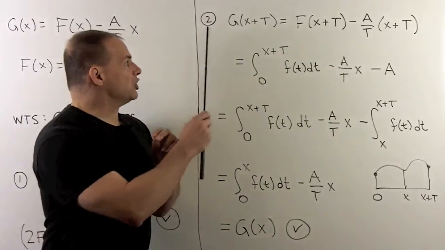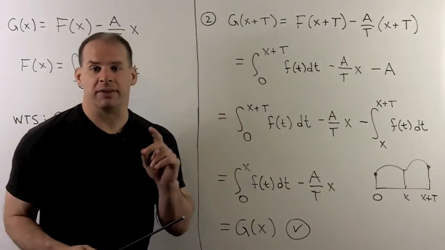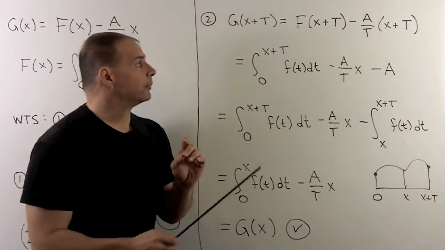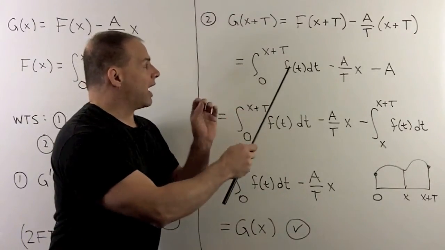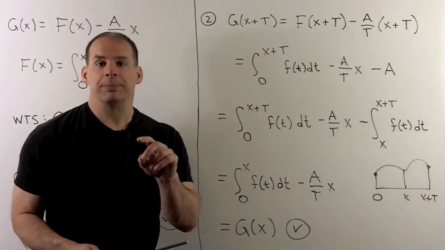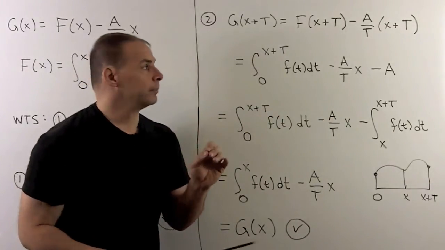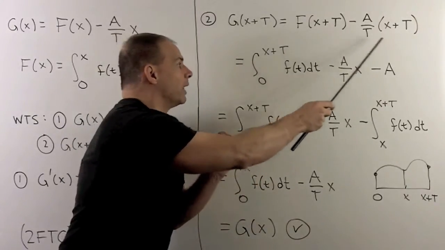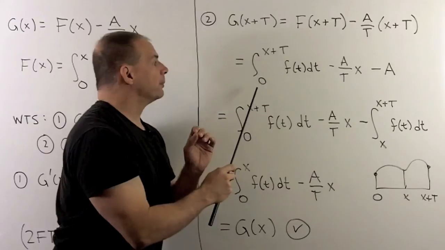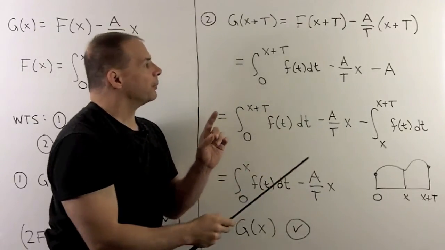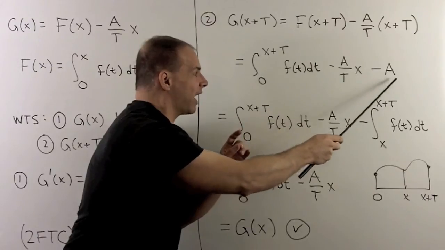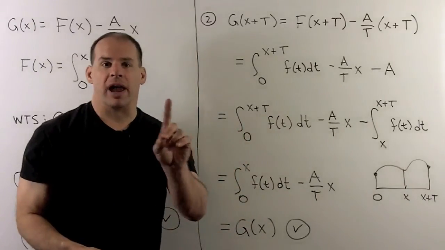For part two, I want to show that g of x plus t is equal to g of x. I'm just going to follow my nose with the definition of g. We're going to have capital F of x plus t minus A over t times x plus t. We'll multiply this part out, then write out the definition of capital F. From the previous board, if I have this area, we could take it over any period.